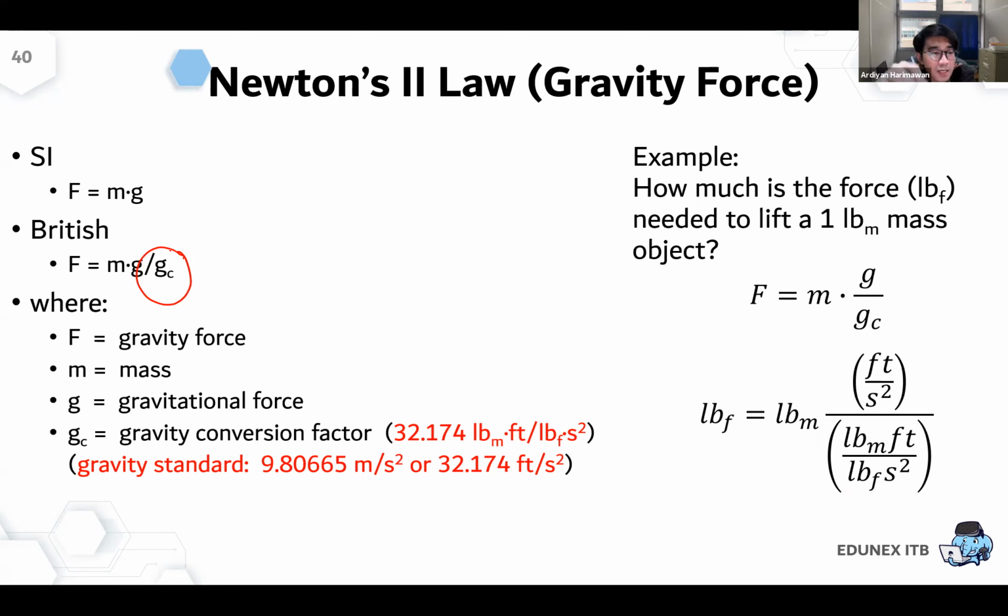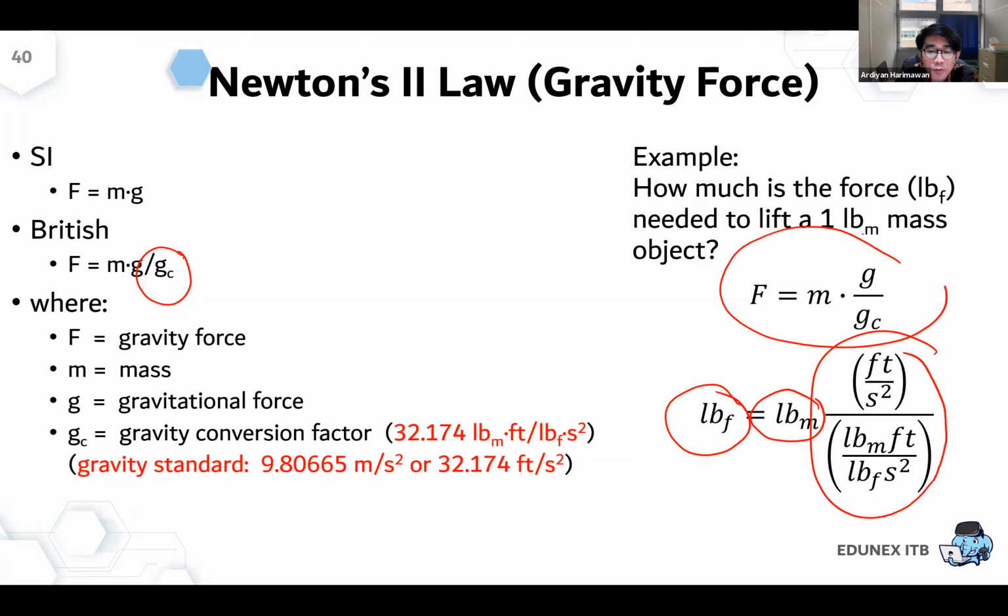I don't know the reason behind this number, but it comes from British units, where they state the unit of F sometimes as pound force. They have pound force and pound mass, and to convert between pound force and pound mass is by using this one.